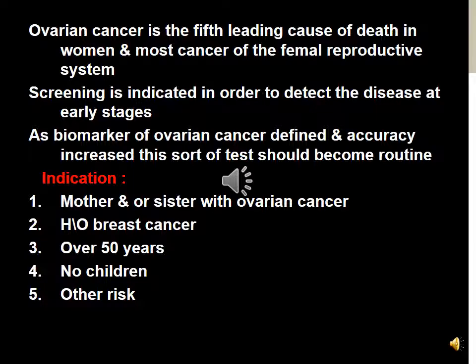Is there any definitive screening test? There is no definitive screening test. Can we apply the screening test to the whole population? This is also impractical. So we concentrate on the patients who are indicated for it. It's a selective screening, especially for those with genetic predisposition.